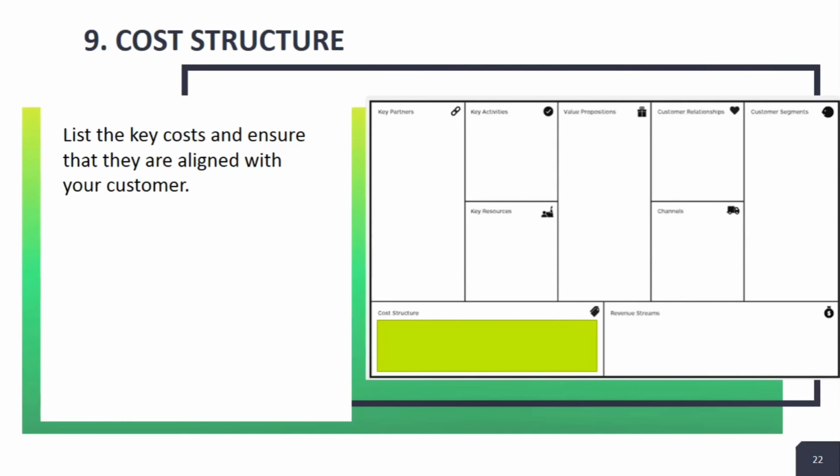And this will be easier to do once you have defined your key resources, activities, and partners. Businesses can either be cost driven, focusing on minimizing cost whenever possible, or value driven, focusing on providing maximum value to the customer.